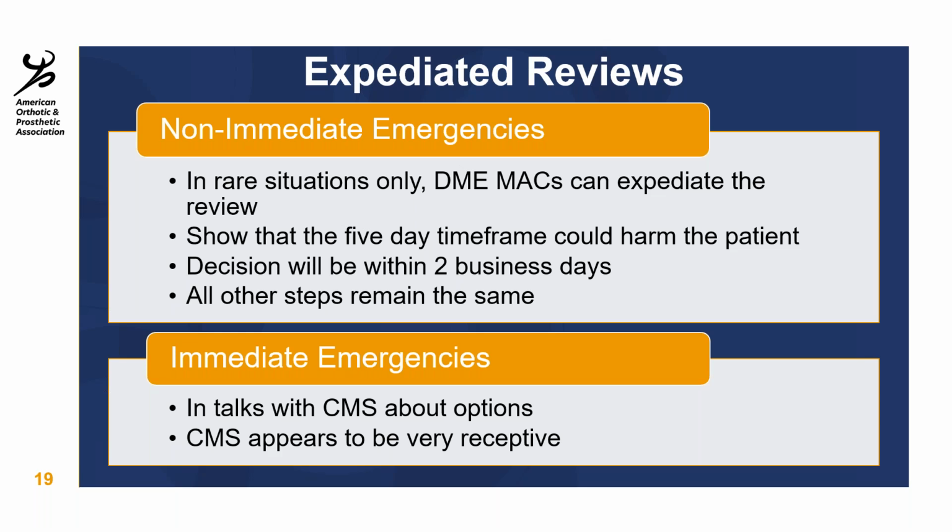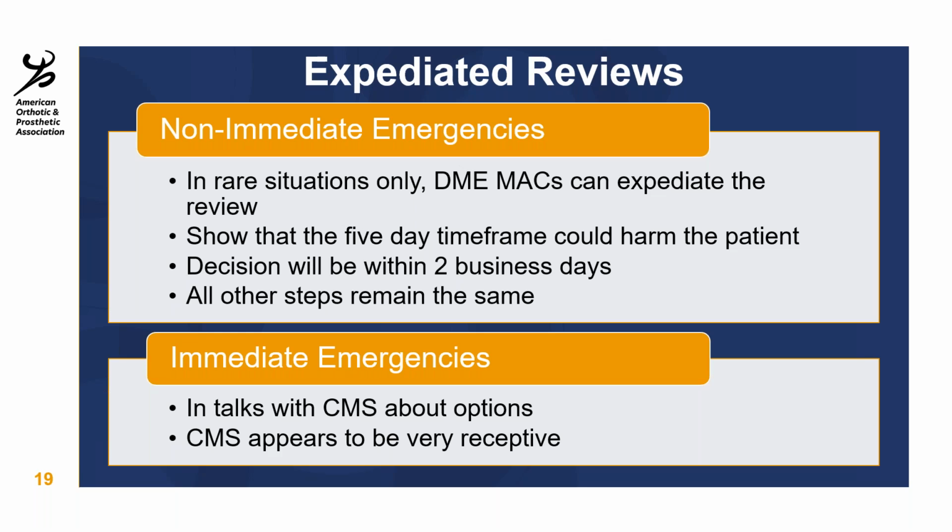If you are requesting an expedited review, you must explain how the delays in the review and response could jeopardize the health or the situation of the beneficiary. Then all other steps for a unique tracking number and claim submission remain the same. This normal expedited process may be okay for some items and services when the patient could possibly wait a few days.